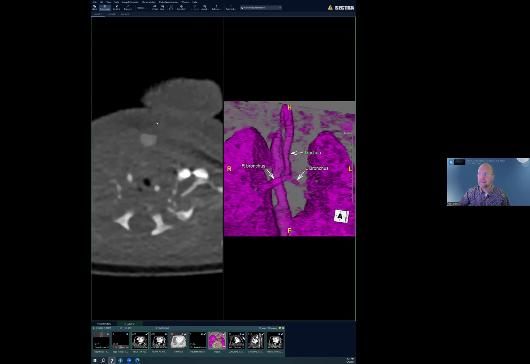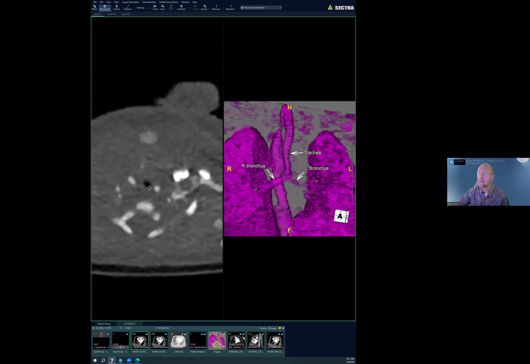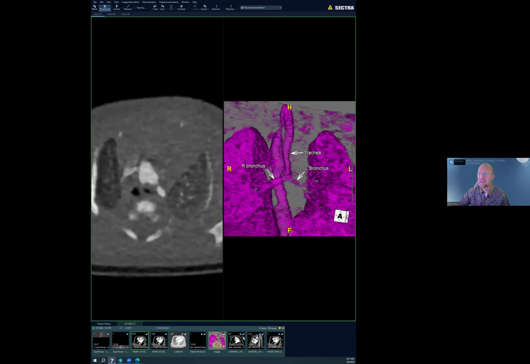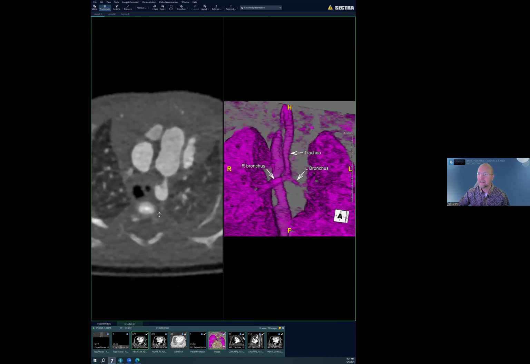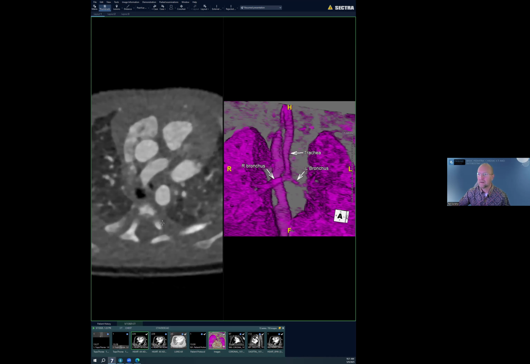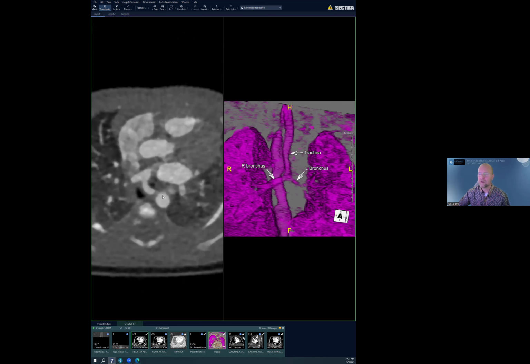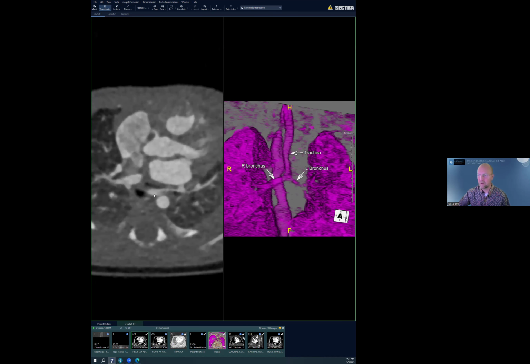And you can see that the trachea is kind of diffusely small in caliber, even higher up. And then distally, where the pulmonary artery is going around it, it becomes very, very small.